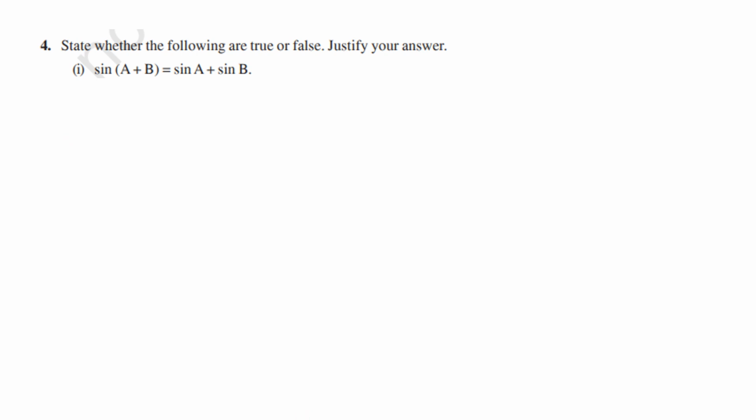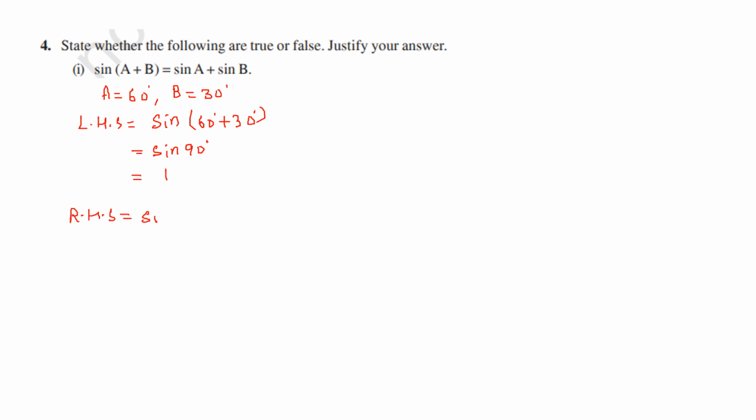Let me take the value of A as 60 degree and B as 30 degree. Then my LHS will become sine of 60 degree plus 30 degree, and 60 plus 30 will give me sine 90 degree, and sine 90 degree value is 1. Let's take RHS.